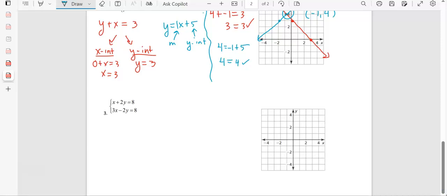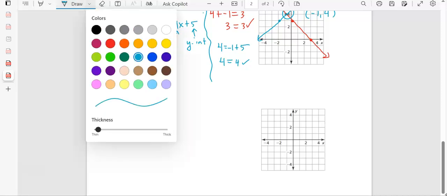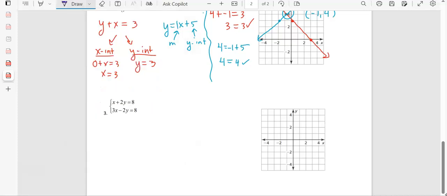All right, so for this last one, I'm actually going to put both of these in slope-intercept form. The first reason why I'm putting the first equation in slope-intercept form to graph is because my x-intercept would be 8 and my coordinate plane doesn't go up to 8. My second one does not have a very nice x-intercept, and so that is why I'm going to choose to also use slope-intercept form.